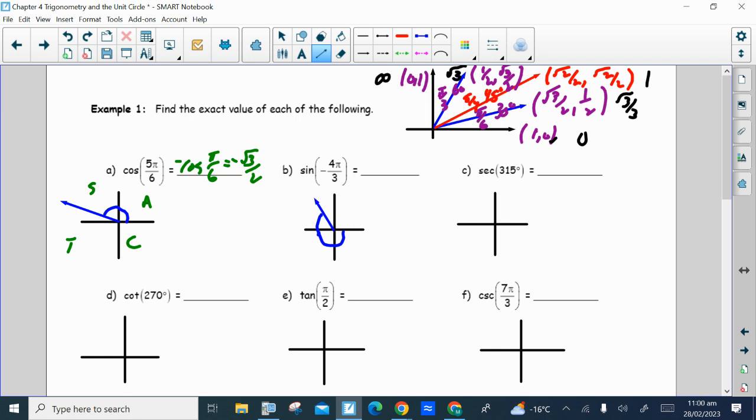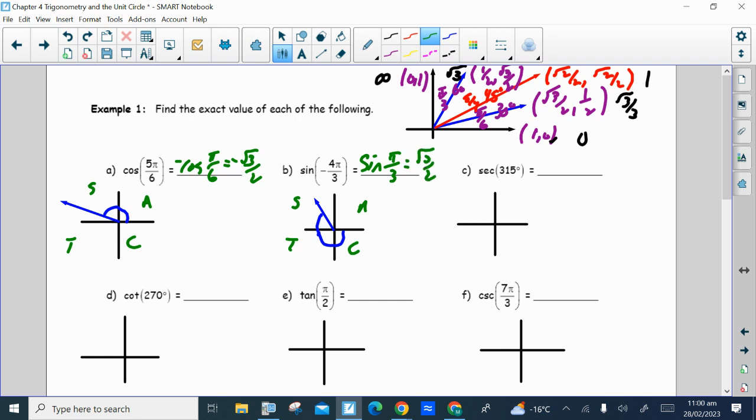Approximately right there. Again, the CAST rule tells us that we are in the S quadrant, which means the sine is positive, which is what we're using here. We're using the sine. So this will be the positive sine of our reference angle, which is pi on 3. Sine is the y value. The y value at pi on 3 is root 3 over 2.